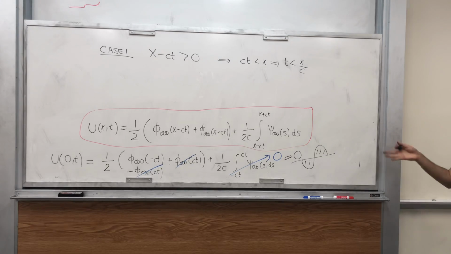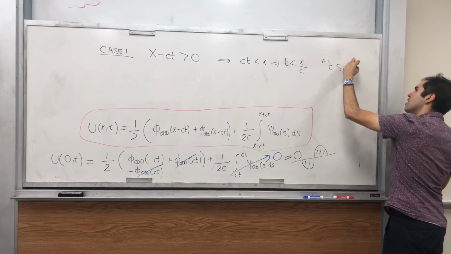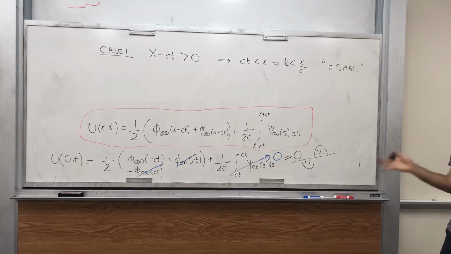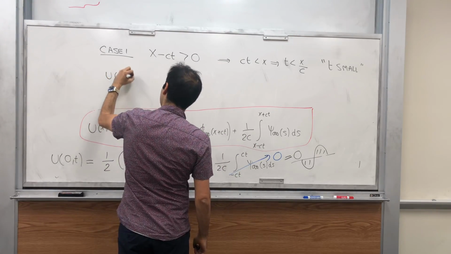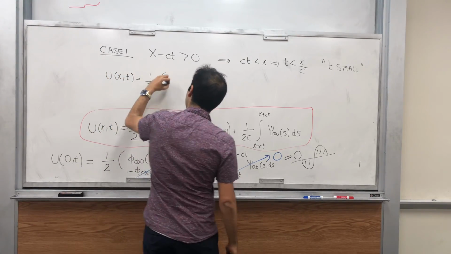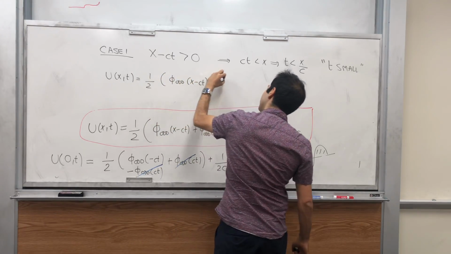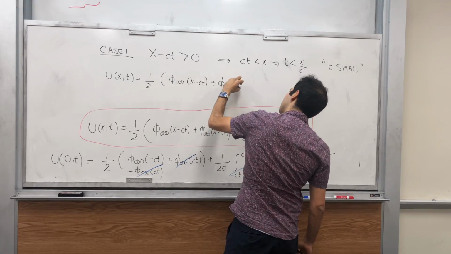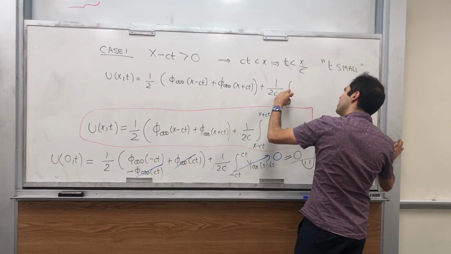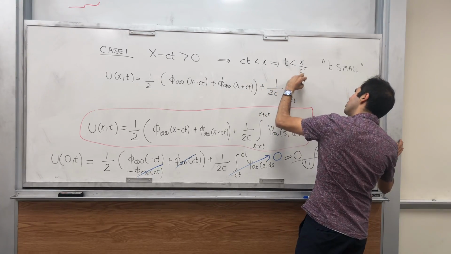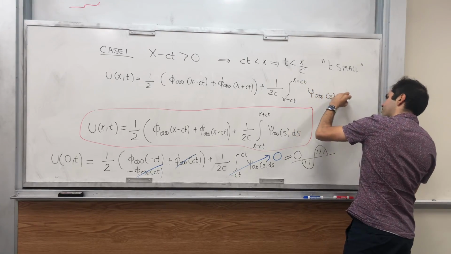So I interpret this as saying t is small, the case before you hit the wall. Then u of x,t is 1/2 phi of x minus ct plus phi of x plus ct, plus 1/2c integral of x minus ct to x plus ct of psi of s ds.